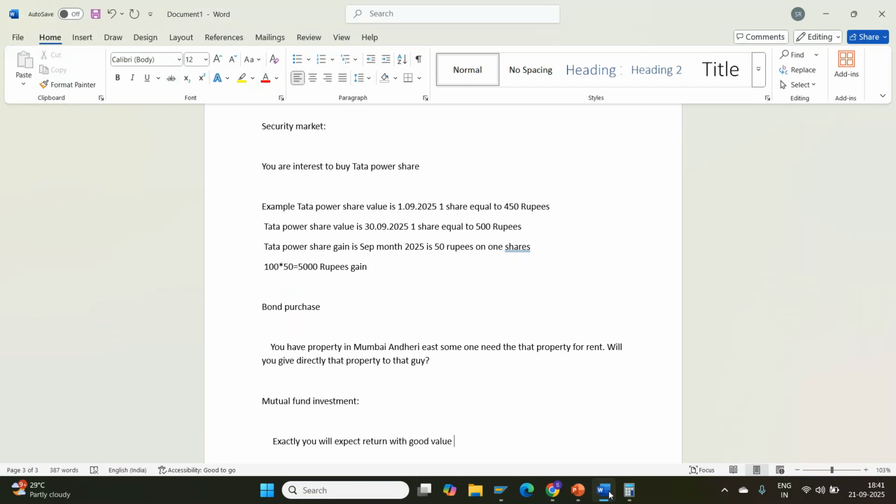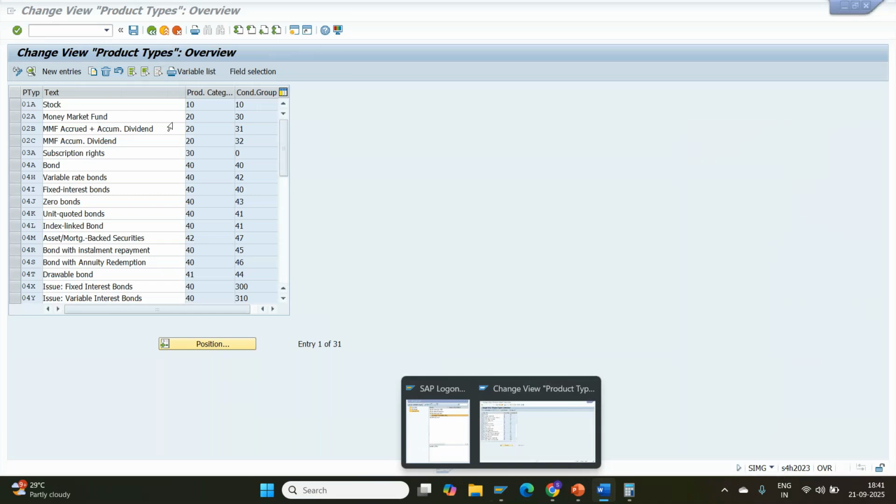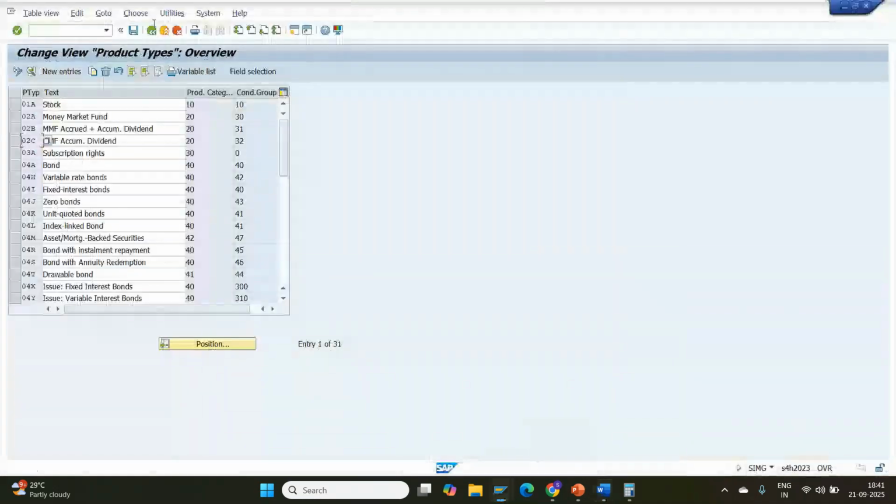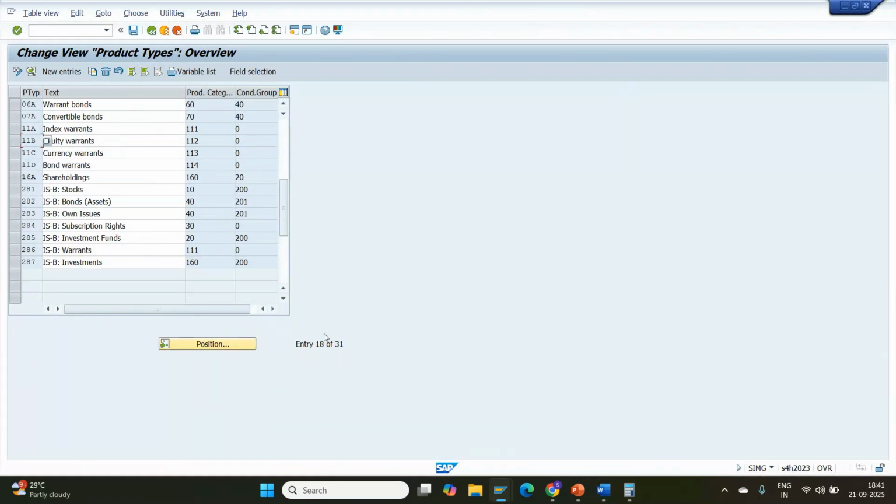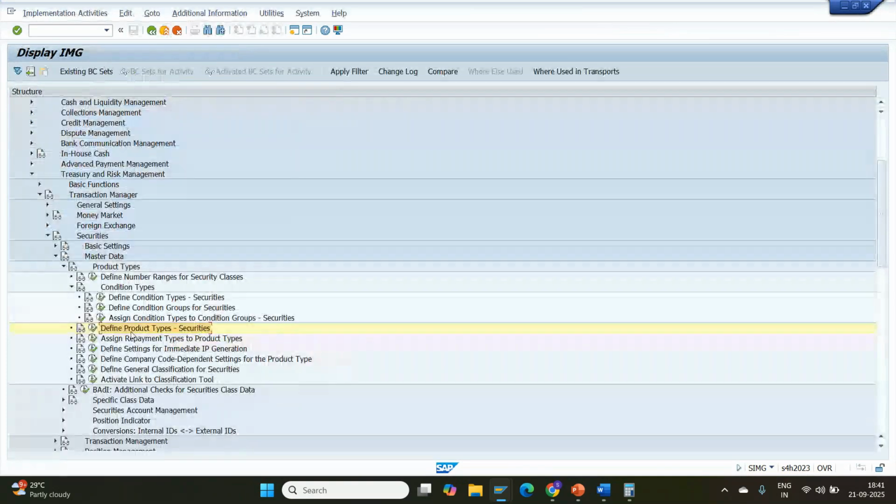That is the purpose we put money in mutual funds. That type of thing we will discuss in the security market. We have different types of classification in the security market, around 31. Here we have the important ones, and we will do configuration. That is the security market.